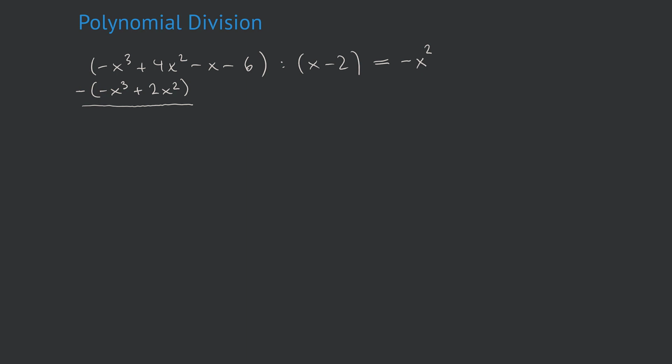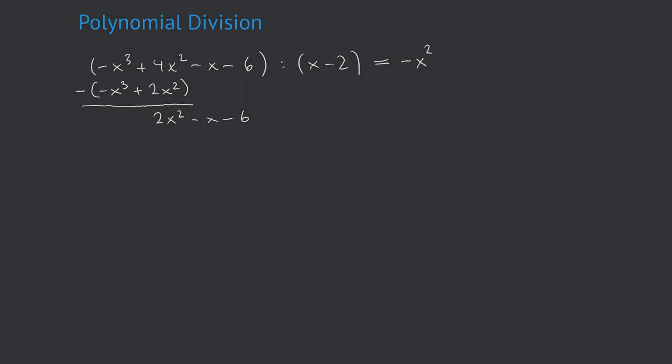However, if we calculate 4x to the second power minus 2x to the second power, the result is 2x to the second power. In the next step, we complete this subtraction by writing down the remaining terms next to 2x squared, so minus x minus 6. Now this subtraction has been completed.